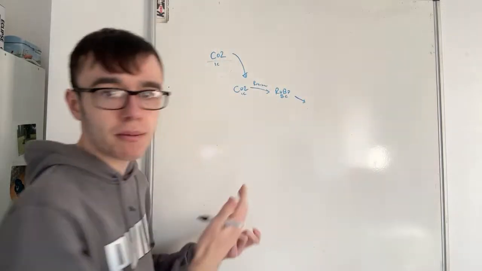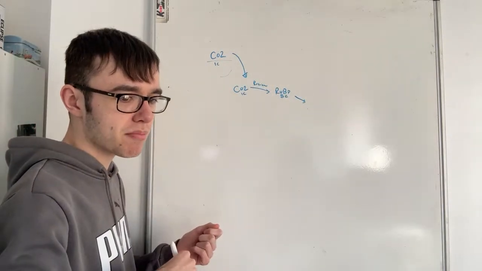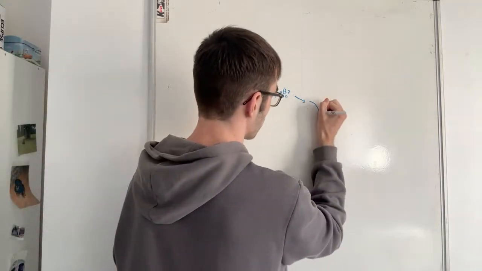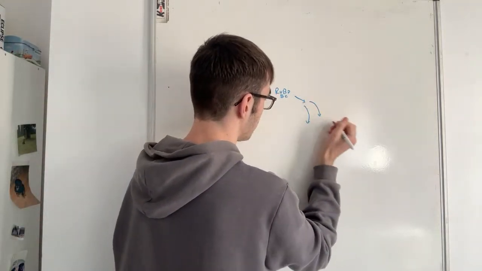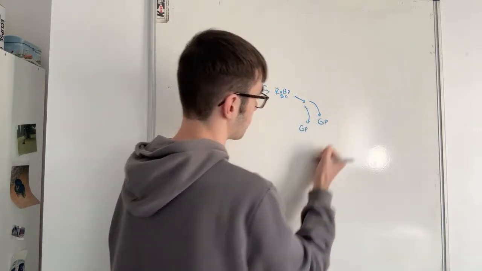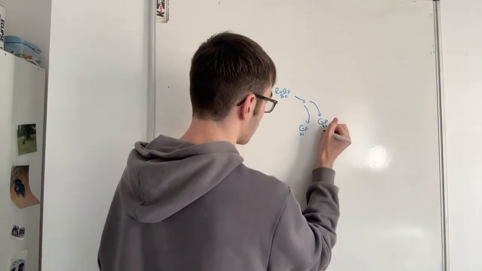We get a 6 carbon compound, but according to a lot of the mark schemes, I don't really think you need to refer to that. I think all you can really say is that you then end up with 2GP, which is a 3 carbon compound.